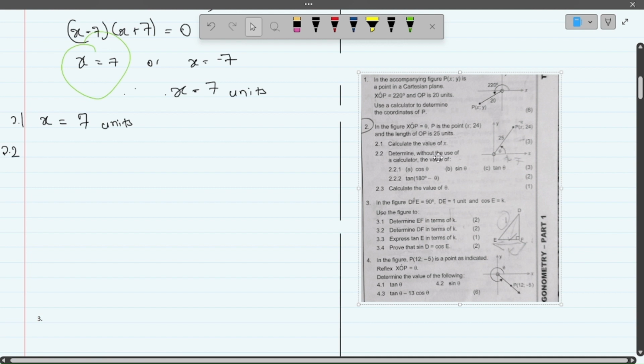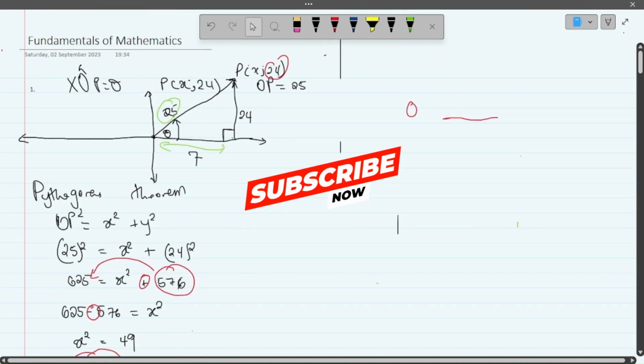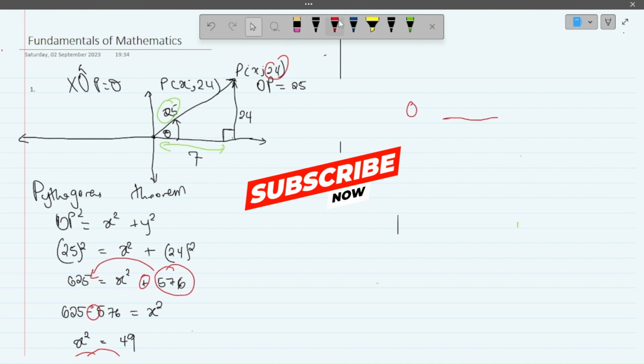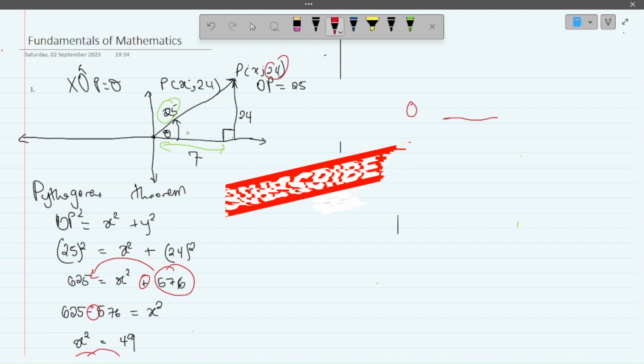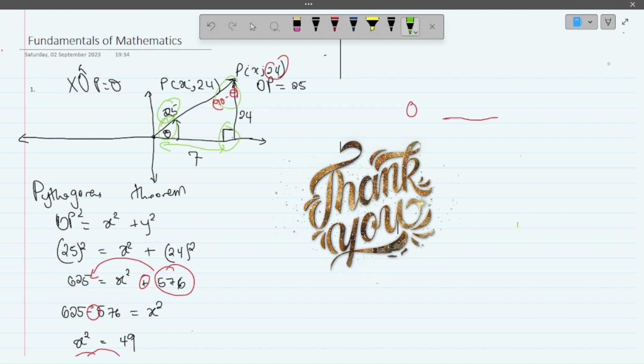It says determine without the use of a calculator the value of cos theta. Also, one thing we forgot to do here in this representation is to find this other angle. The other angle is 90 minus theta, guys. Because you know that in the triangle there are 3 angles, this angle, and this angle, and this angle.